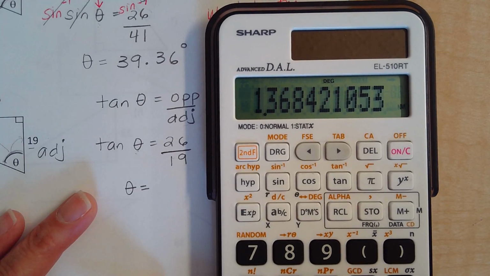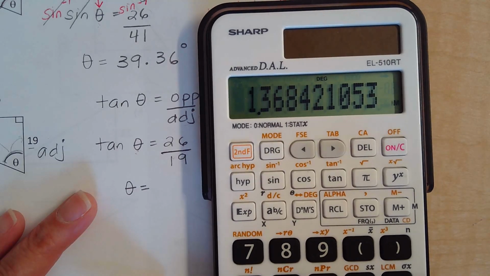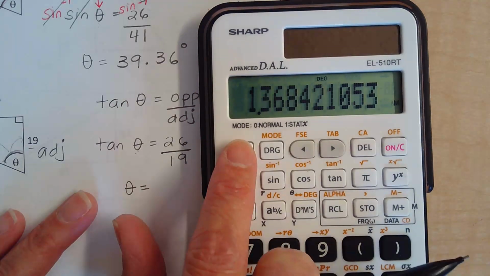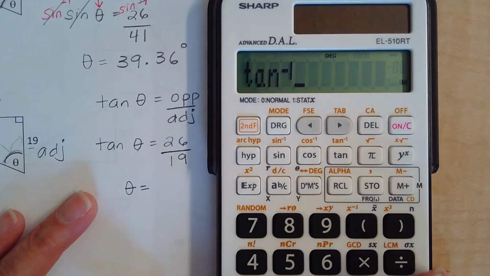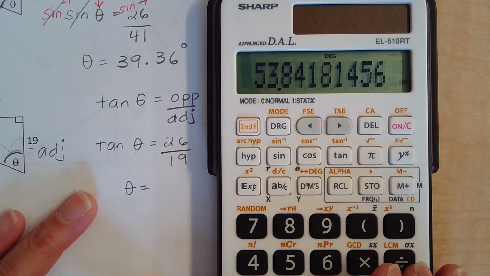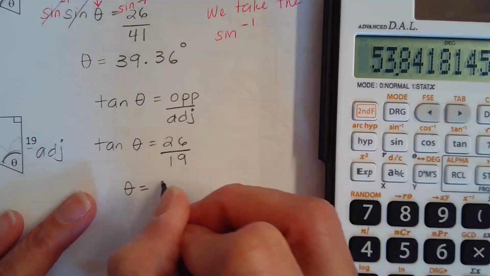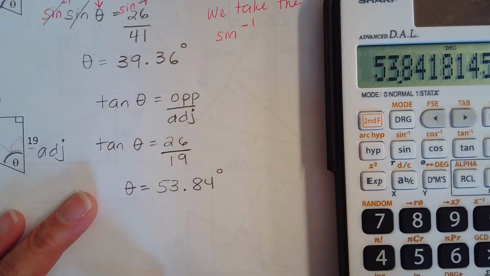What did you type in? You're going to go second function, tan, for tan inverse of the answer, and then enter. It would be 53.84 degrees.